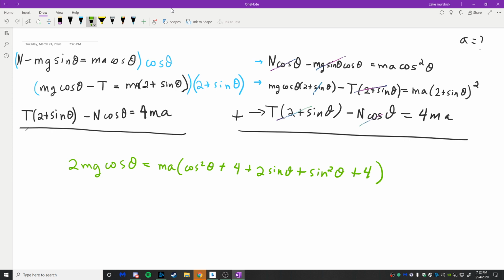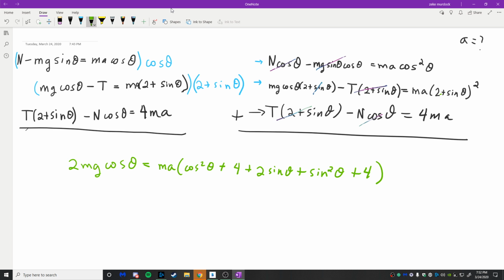Basically, MA times 4 is the last term. MA times cosine squared theta is this term, and then if you expand this out, you're going to get 2 squared, which is 4. You're going to get sine squared theta, that shows up there, and then you get a cross term, which is 2 times the sine of theta.